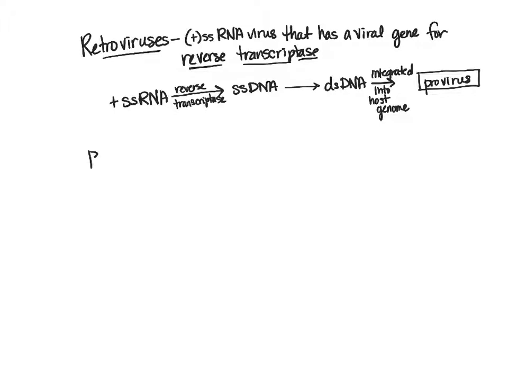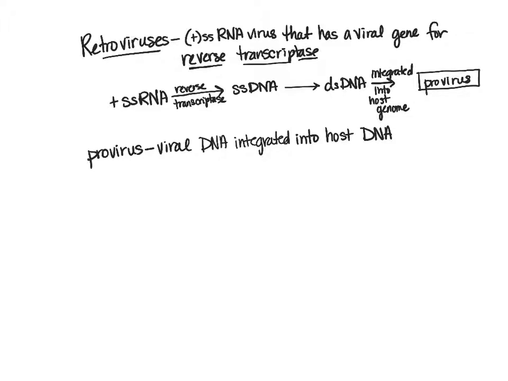So let me write that definition down here. A provirus is when viral DNA is integrated into host DNA. But when we're talking about it now, we're talking about it in an animal host. So recall that we mentioned a prophage.